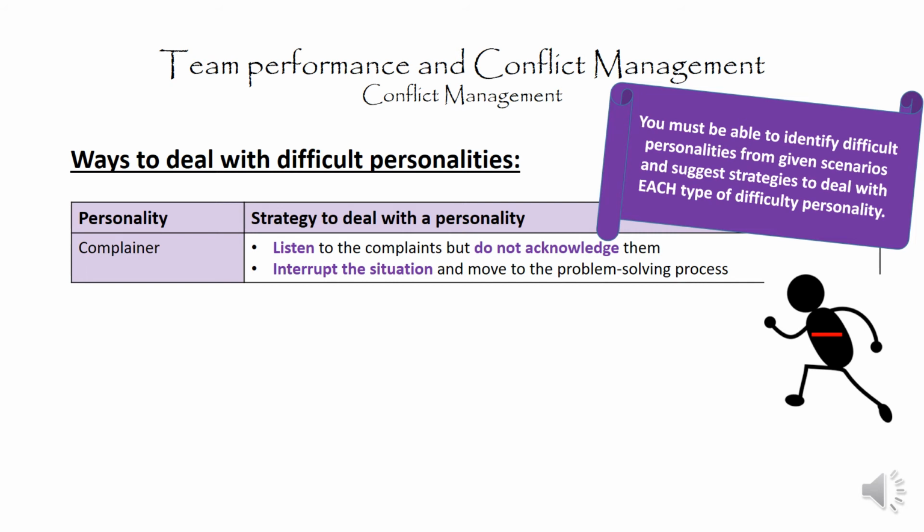Okay, you're listening to everything he says when he's complaining, but you do not acknowledge them. All right. You listen when the person complains, but you don't say, yes, ooh, I agree, yes, ooh, it's hard, it's really tough. Don't acknowledge them, listen to them, and then interrupt the situation and move to a problem-solving process.